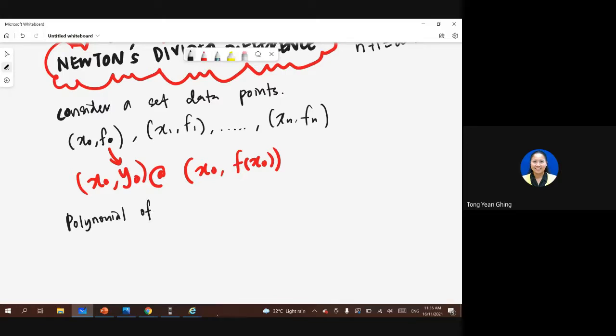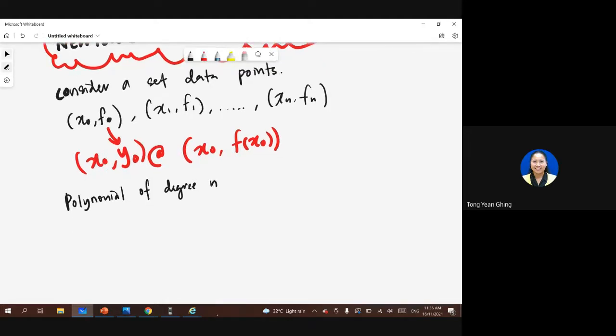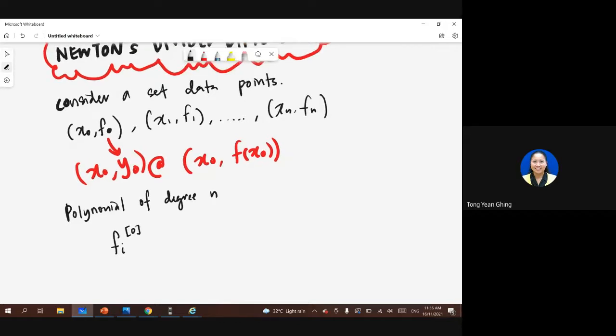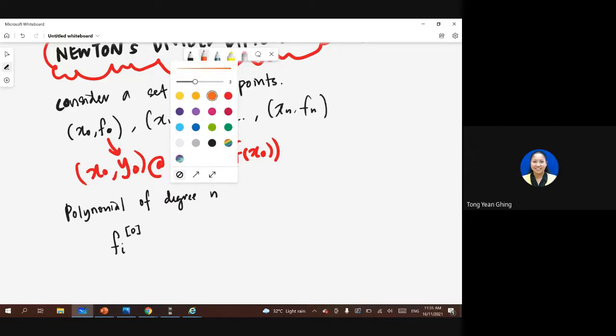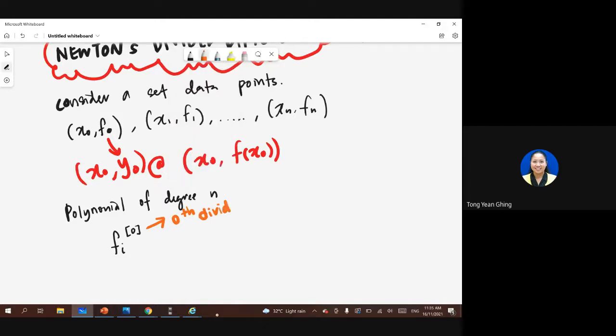of degree n. So we can generate this, starting from f i 0, that means 0 divided difference. This 0 divided difference is the same as the value of y.